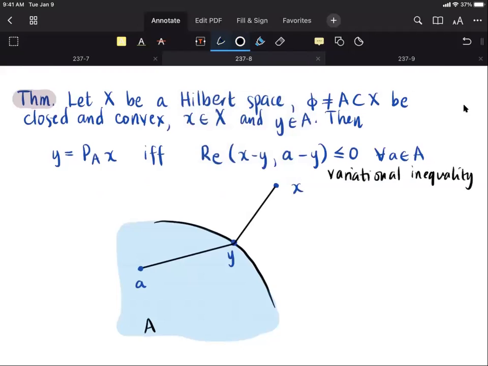So for instance, in the real case, the real part would be the same as the inner product.